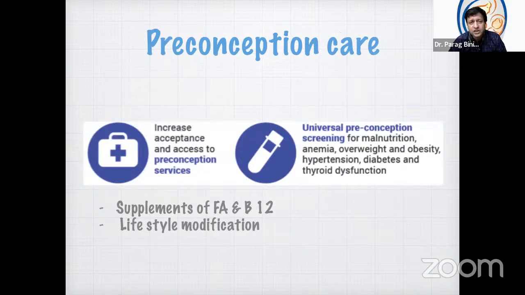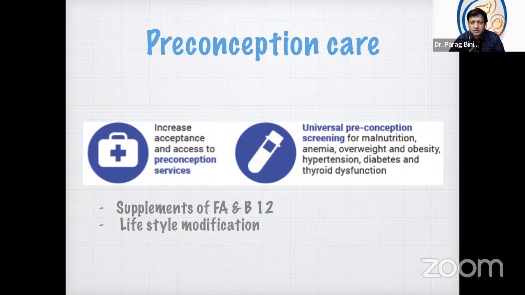The care ideally should start in the preconceptional period. So whenever a woman comes to us for preconceptional counseling, we should be screening her for malnutrition. We should be screening her for anemia, overweight and obesity, hypertension, diabetes, and thyroid functions.